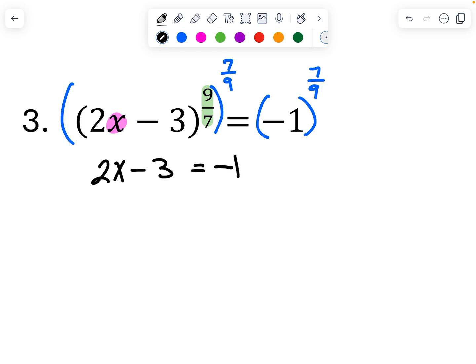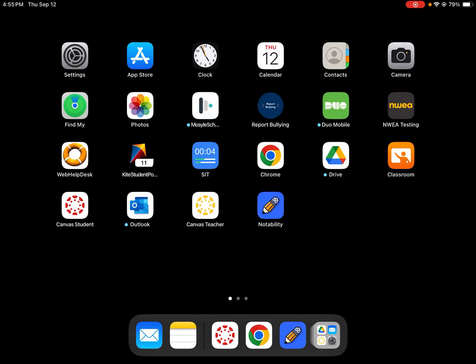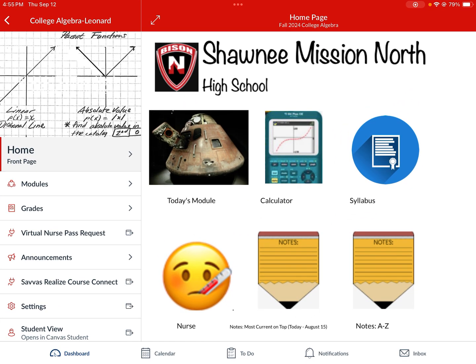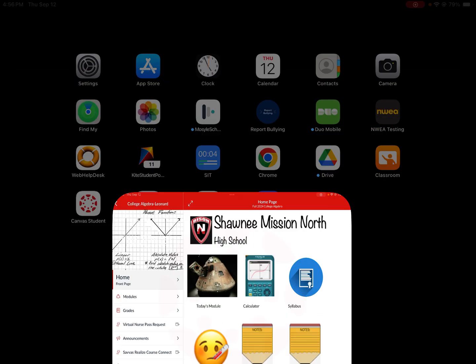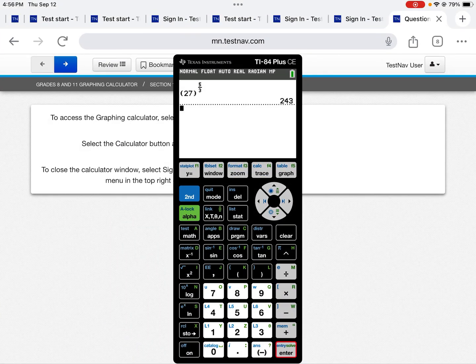If you're unsure that that's -1, I'm going to do this on the calculator just because I want you to see that it is important to have the parentheses. It wouldn't matter in this one either, but it's important to have the parentheses. So if you had parentheses, -1, close it, raise it to, what was it, 7/9? 7/9.